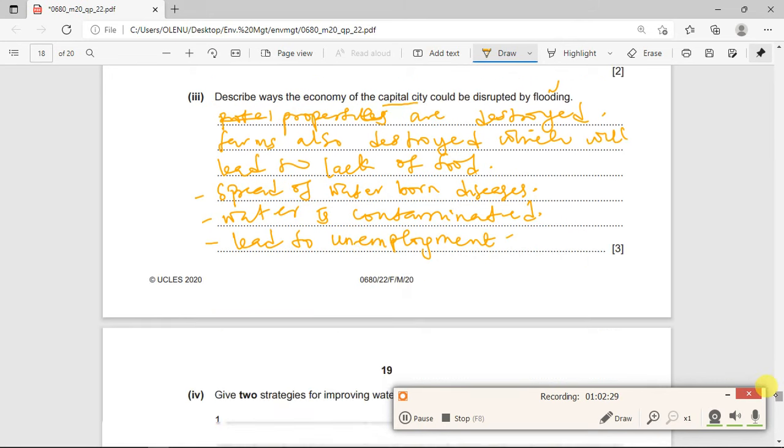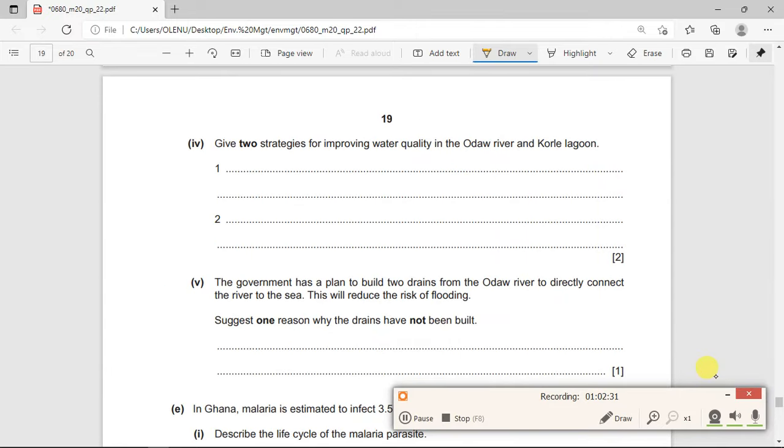Next will be: give two strategies for improving water quality in the Odao River and the Kole Lagoon. First, you treat sewage. This will help a lot. Another way in which you can improve it is prevent the dumping of waste into the river.